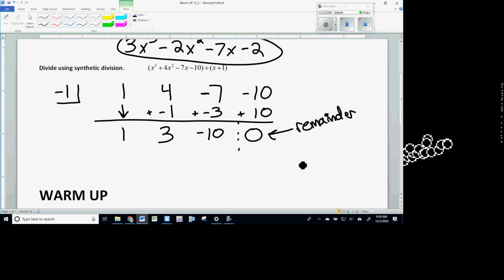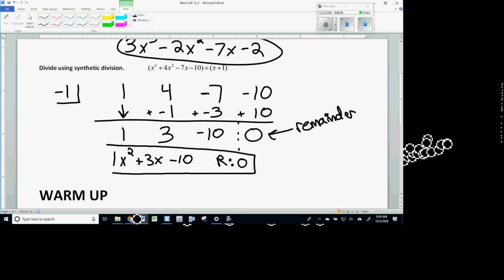Remember quotient, divisor, dividend, all those fancy words you learned in middle school and elementary school that we don't really use anymore for doing this stuff. But the same idea, we write down our answer. We started with an x cubed, so we drop to an x squared, and this becomes 1x squared plus 3x minus 10 with a remainder of 0.